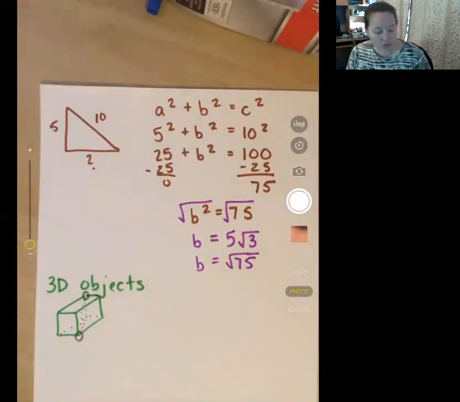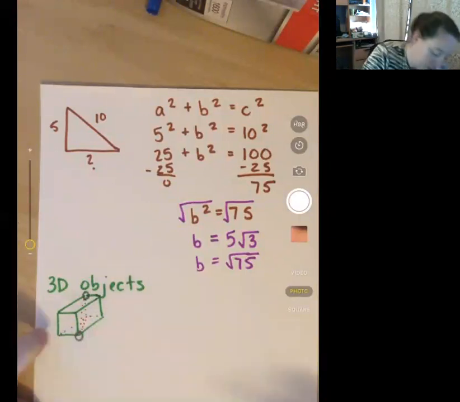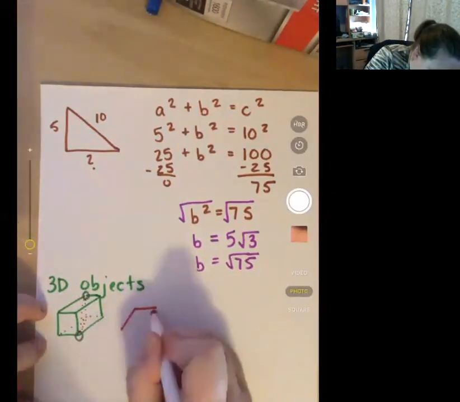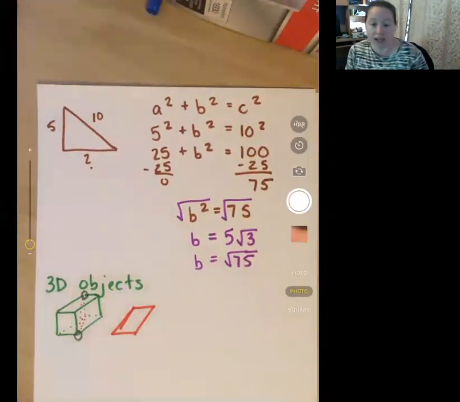First thing we have to do, though, is worry about this bottom part. So I'm going to pull it out over here, okay? This is the bottom of our box. This is not actually a parallelogram. It looks like it should be a parallelogram. It's not.